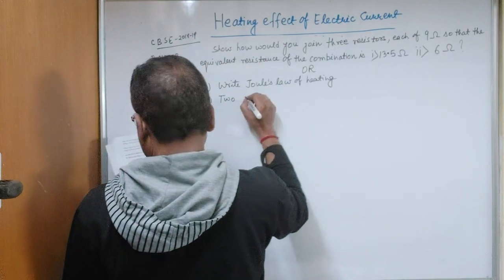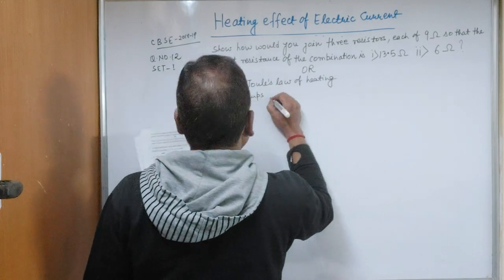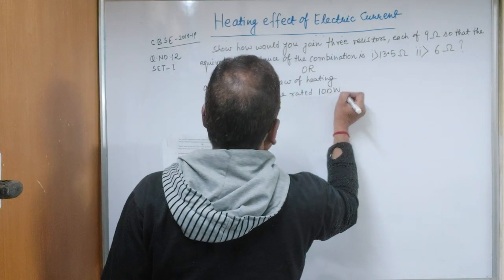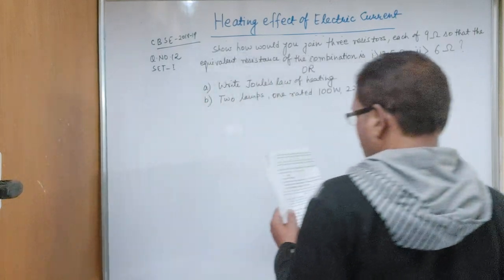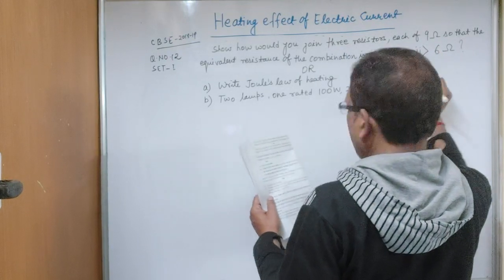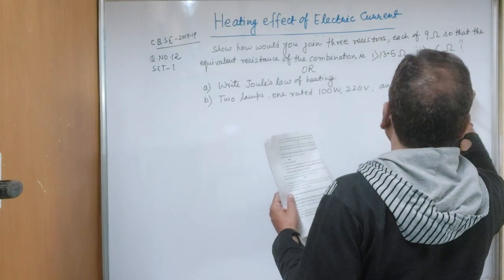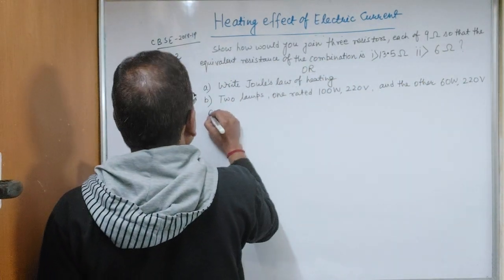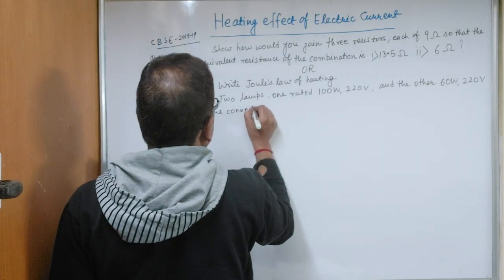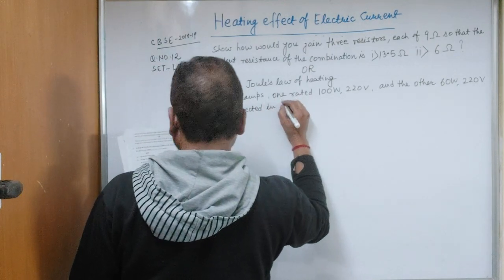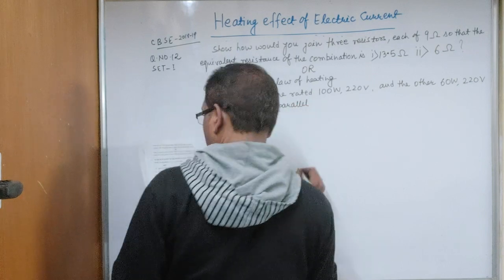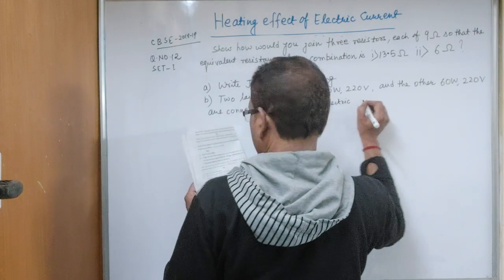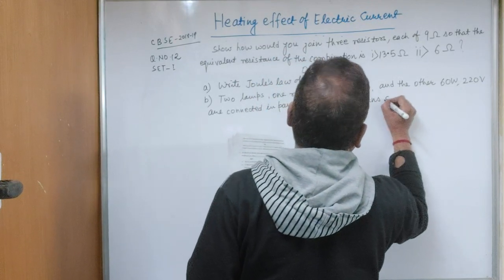Then there was a numerical: two lamps, one rated 100 watt, 220 volt, and the other 60 watt, 220 volt, are connected in parallel to electric mains supply.